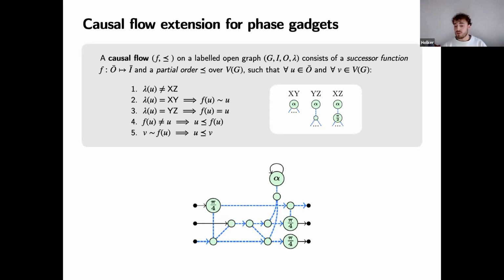Again, using this for two-qubit gate reduction is difficult, and it's very difficult to predict how this will work as phase gadgets combine.